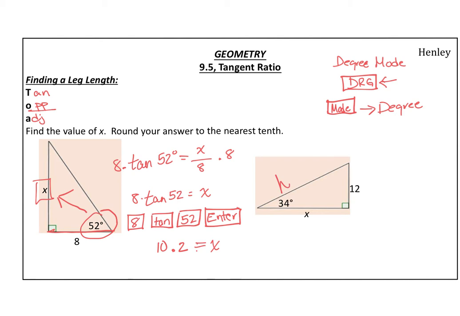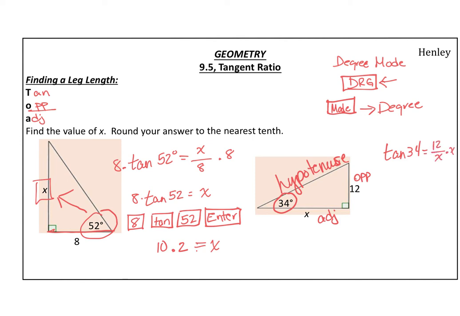First of all, we have the hypotenuse. We have angle 34. Opposite of 34 is the 12. Adjacent is going to be x. So we have the tangent of 34 equals 12 over x.